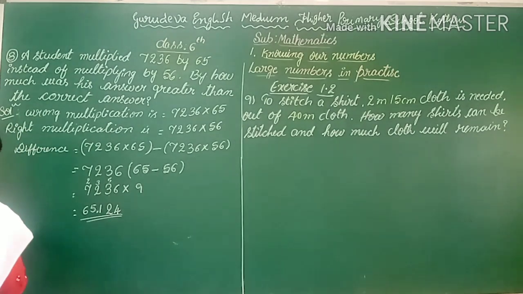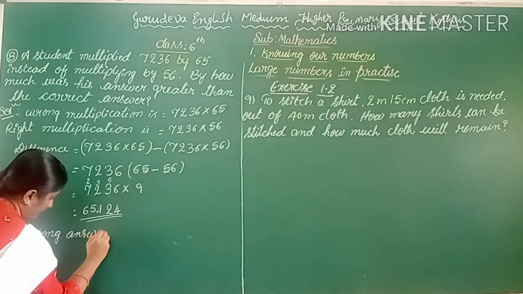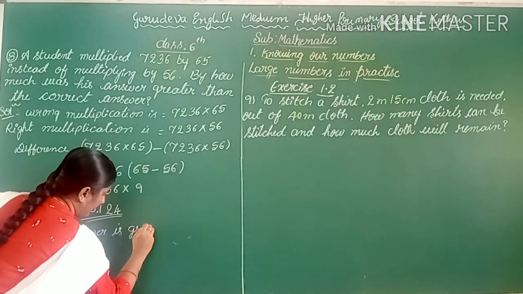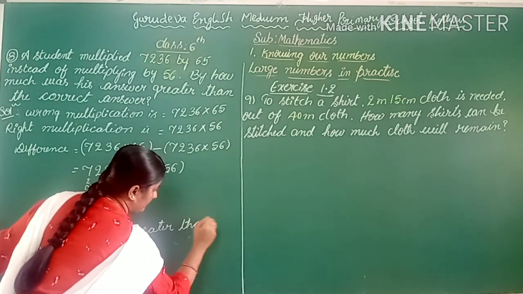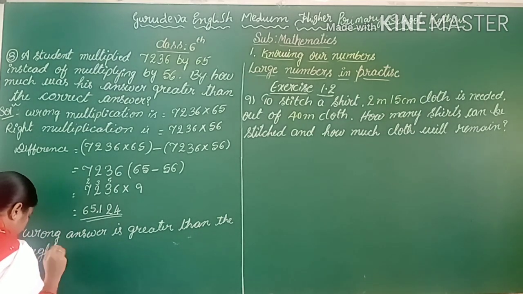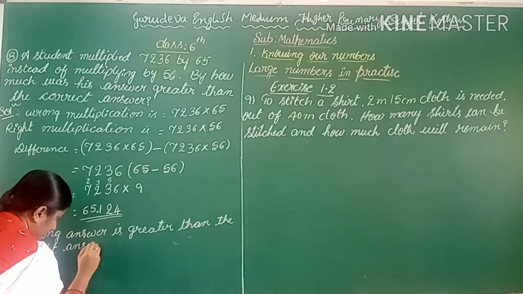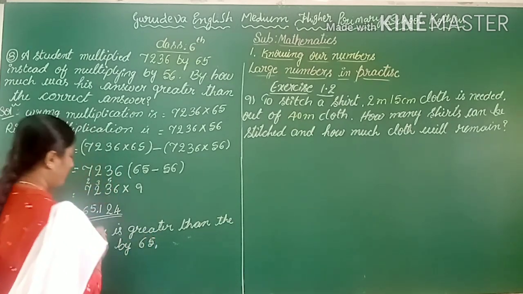Therefore, the wrong answer is greater than the right answer by 65,120.